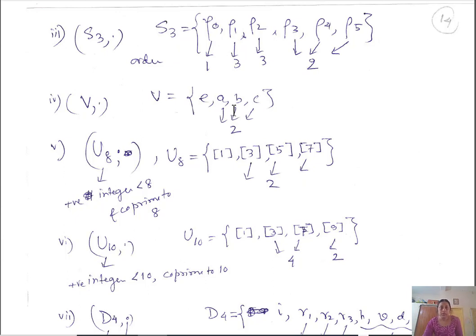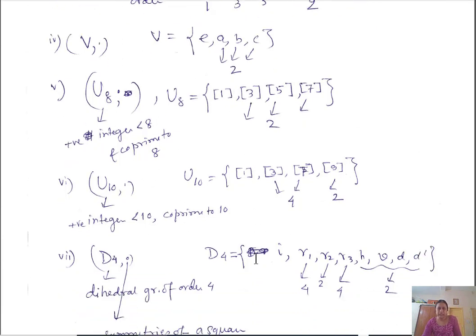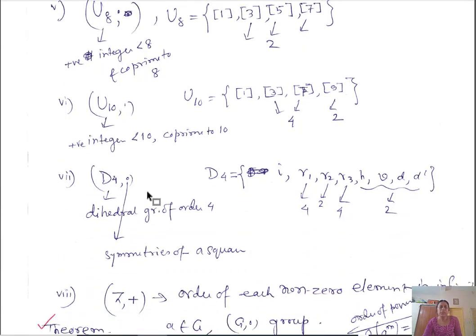I will not discuss all these things, you just check. Dihedral group D4 means the symmetries of a square, 8 symmetries of a square. The group has the identity, 0 degree rotation about the centroid, where the 2 diagonals meet.